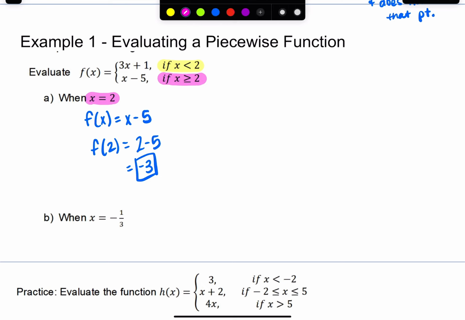Okay, part B. When x equals negative 1/3, that's going to fall under x is less than 2. So I'm looking at my yellow function, my first function, or equation, f of x equals 3x plus 1, and I'm plugging in negative 1/3 for x.